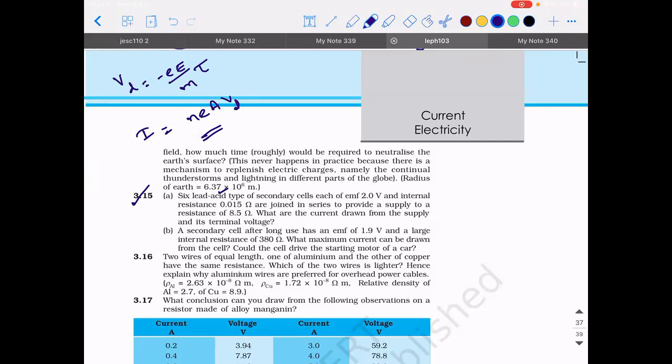So there are 6 lead acid type of secondary cells, each of EMF 2 volt and internal resistance 0.015 ohm. Like this, it keeps on going. Actually they are cells, sorry, not a battery. 1, 2, 3, 4, 5, 6.